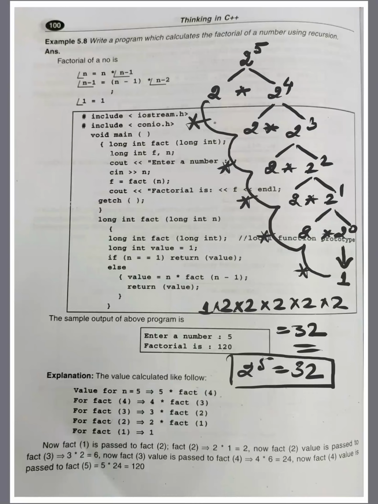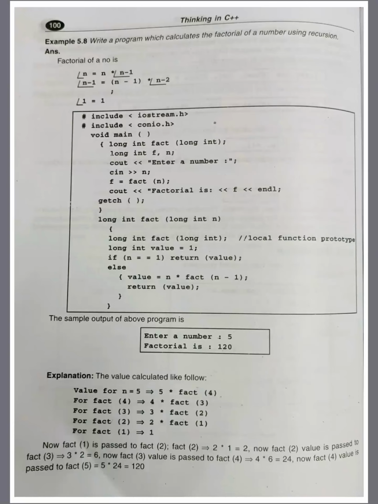Now again, this problem can be solved using recursion. Its general formula we can write in this way: say 2 to the power of n is equal to 2 into 2 to the power of n minus 1.